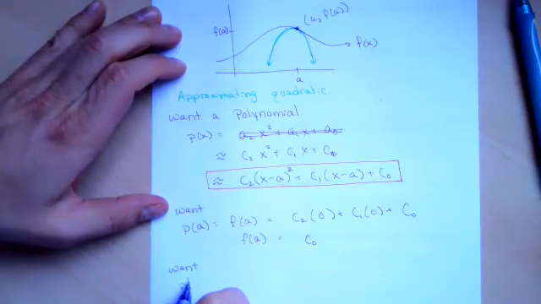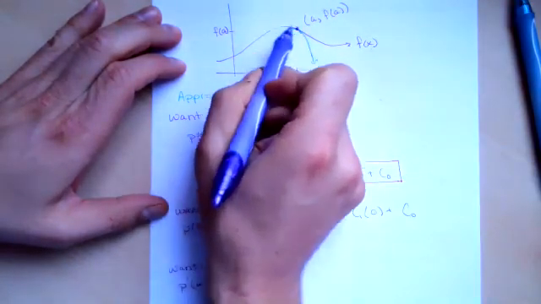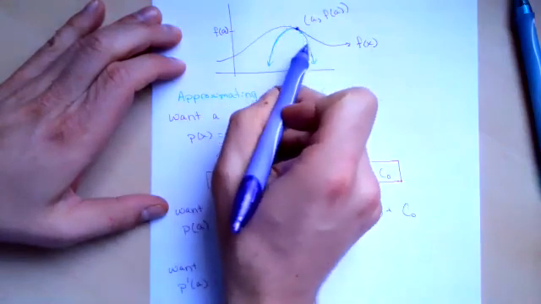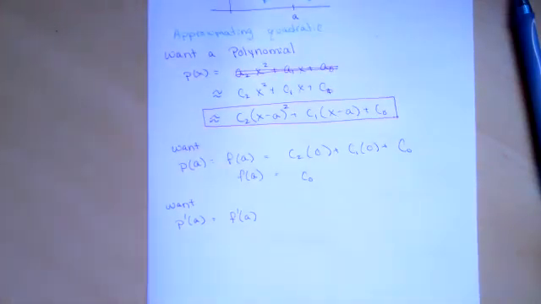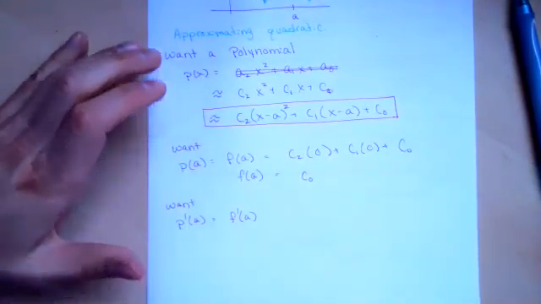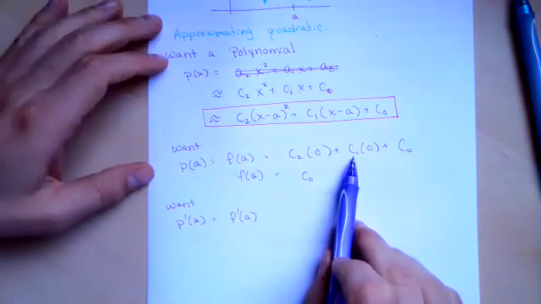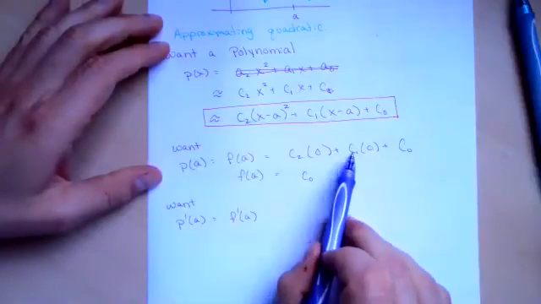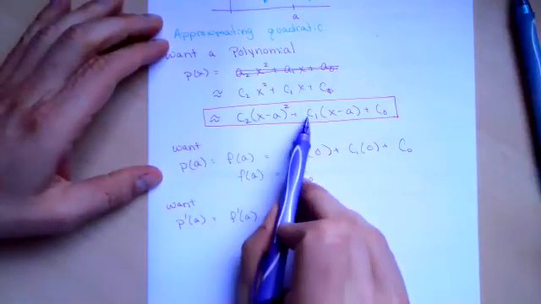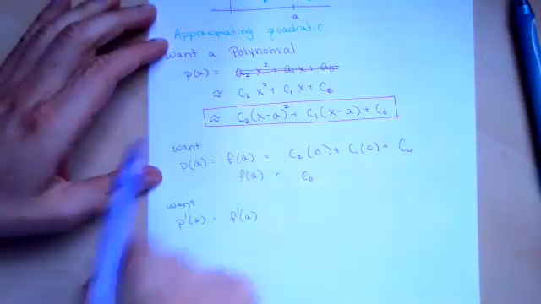I want the derivative of my polynomial to match the derivative of my function, so that the slopes of those two functions are the same, the polynomial function and our given function. Okay, so if we want this, what does that give us? Hopefully that'll give us more information about what these constants should be if I want to model this function.